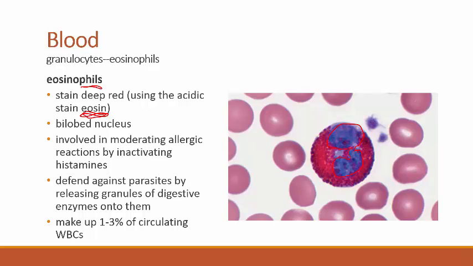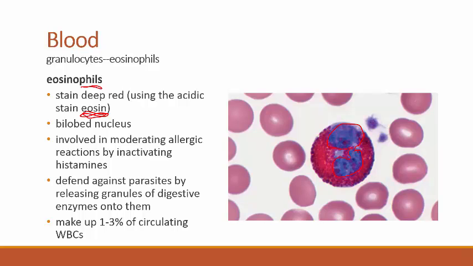So if you recall back when we talked about inflammation, histamines were part of what causes inflammation. So when somebody has a really extreme allergic response, the primary cause of that is this great release of histamine that occurs. And so the eosinophils, they will go around gobbling up histamines, preventing the allergic reaction from going out of control.